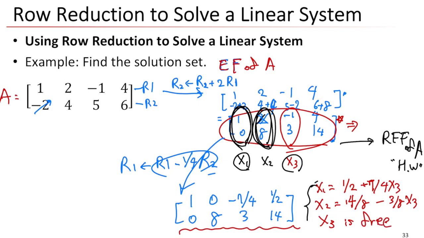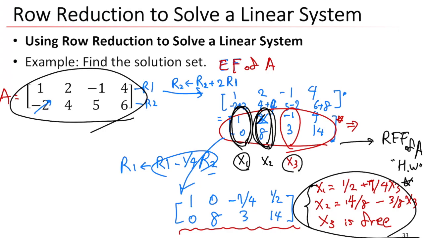Okay, so this is the parametric description of the solution set of the original matrix A. From this description we can say that there exist infinitely many solutions because there is a free variable.